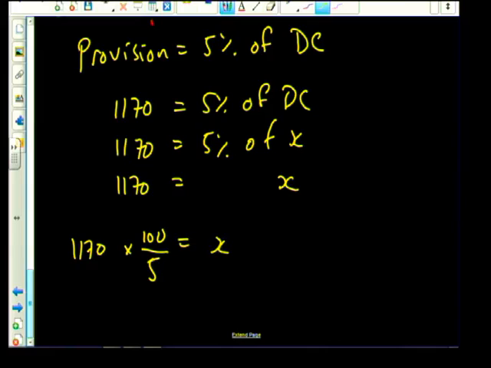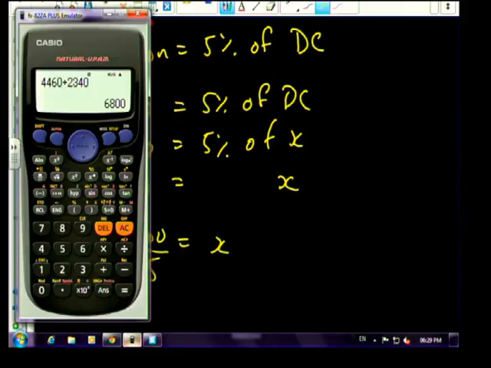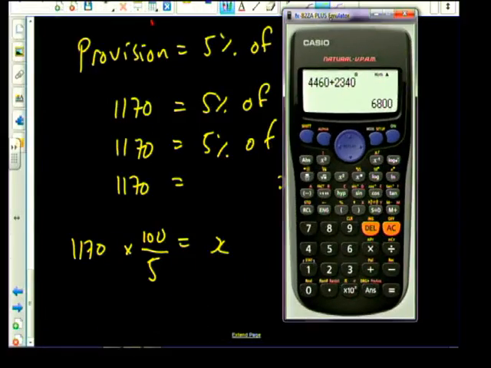So to calculate our debtors control, we'll take our 1170, multiply it by 100 over 5, and that should give us our debtors control figure. Let's do it quickly. 1170 times 100, divide by 5. We now know that our debtors control is 23,400 Rand.